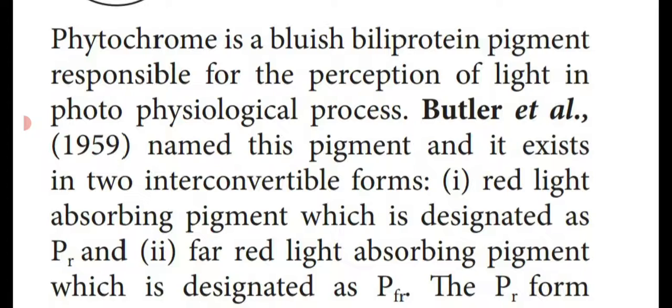The 2 forms are the red light absorbing pigment, which is designated as phytochrome R. R means red, P for phytochrome. The other is the far red light absorbing pigment, denoted as PFR.